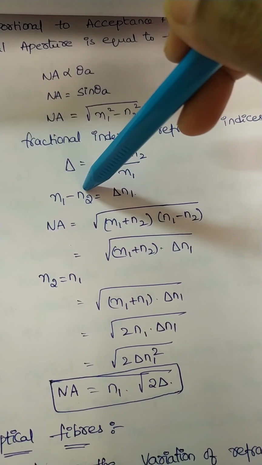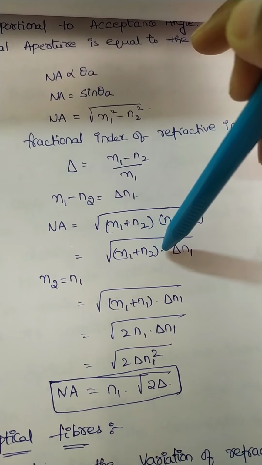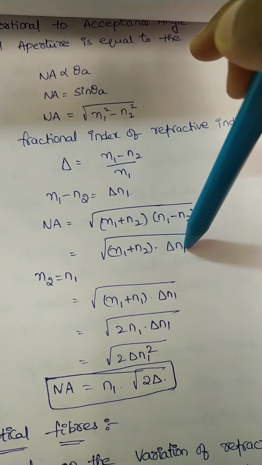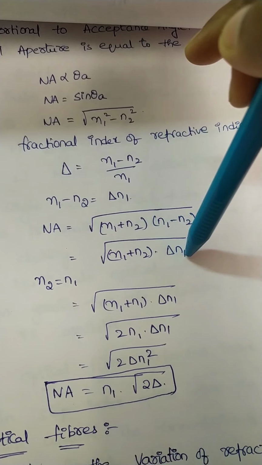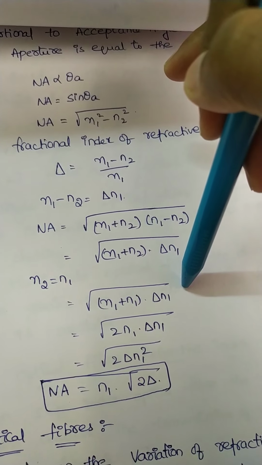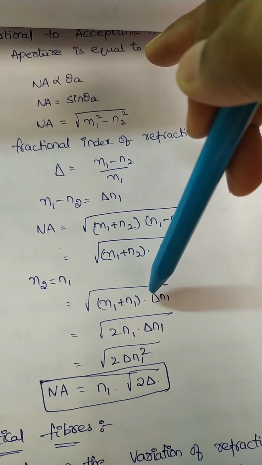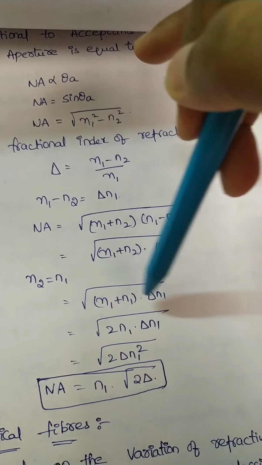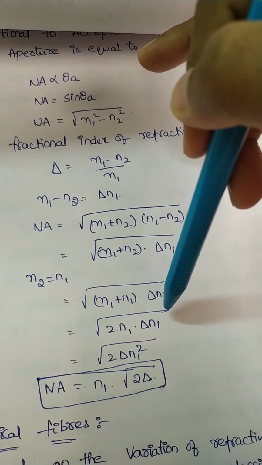Substituting the value of n1 minus n2, root of n1 plus n2 into delta n1. Now I am considering that n2 is approximately equal to n1, so the function is represented in terms of n1 because it is in the core. So root of n1 plus n1 into delta n1. The total NA is equal to n1 into root of 2 delta.